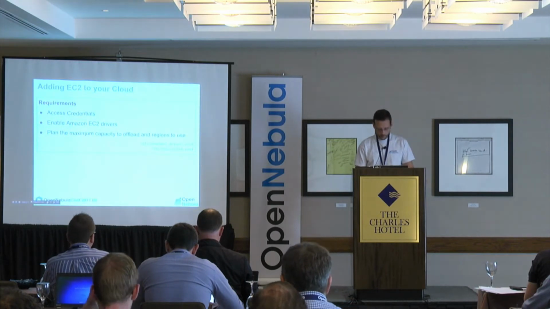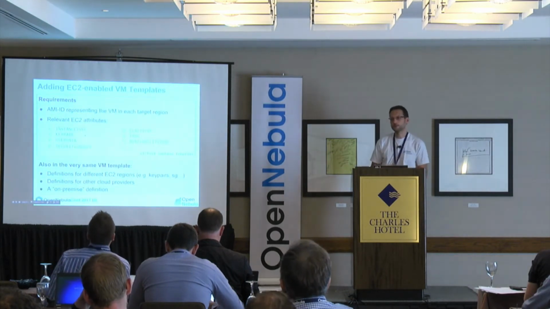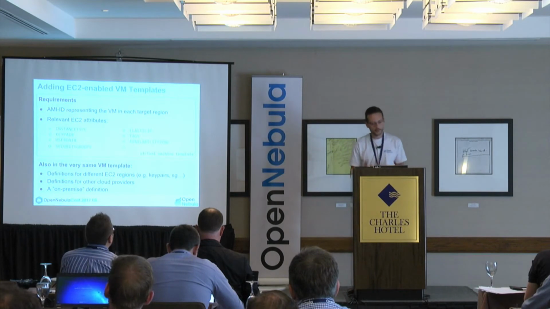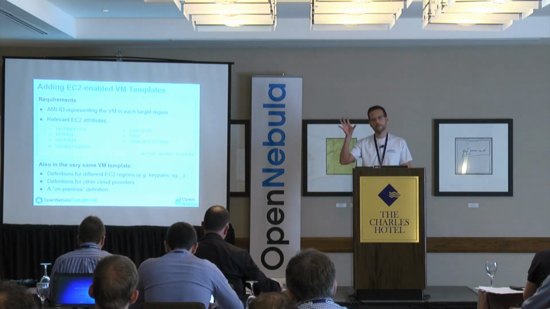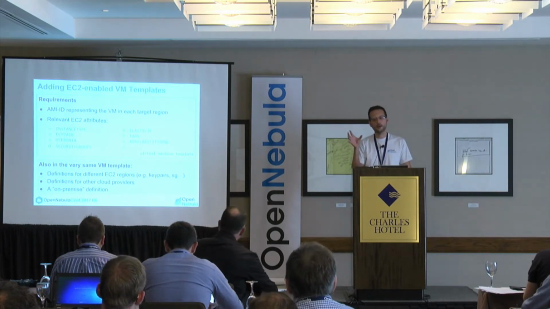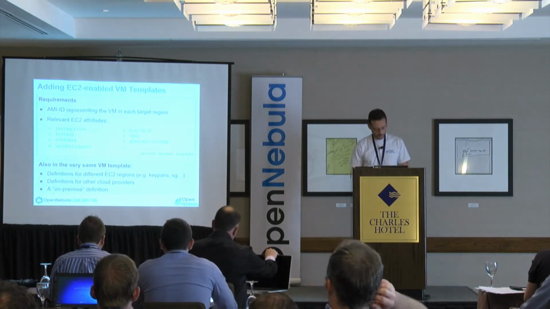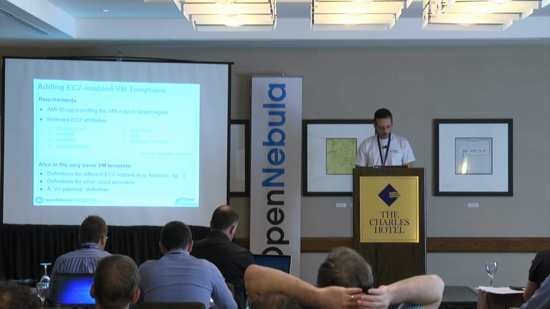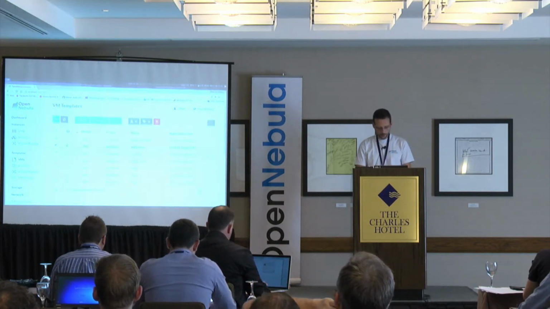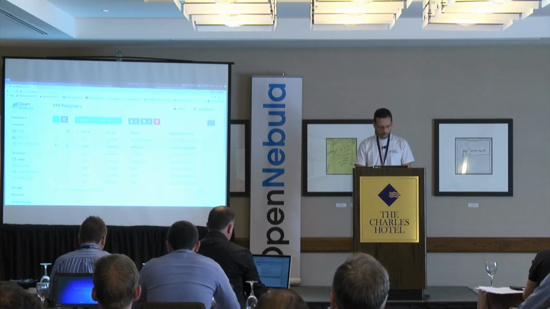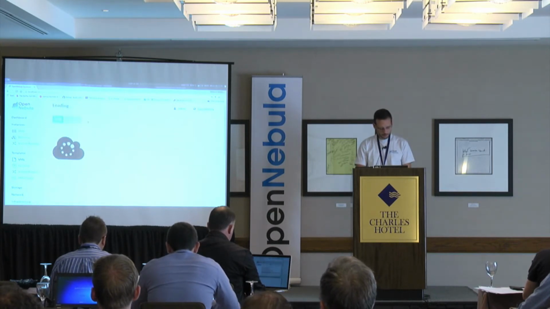Okay, let's move on. So how do you define your VMs? The basic VM definition is just grab your AMI ID and define a template for it. I already did that. I prepared a couple of them. So for example, this one, which is a simple one.